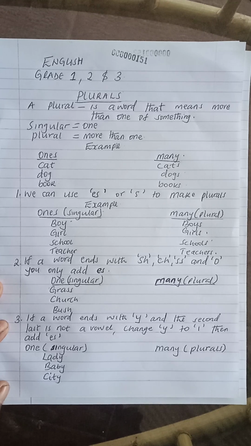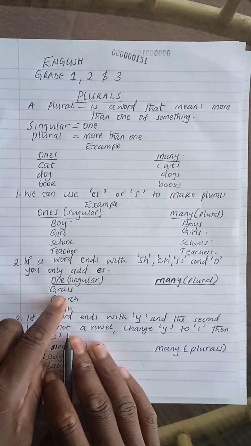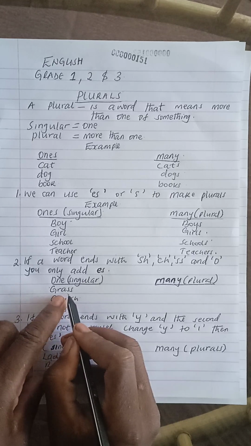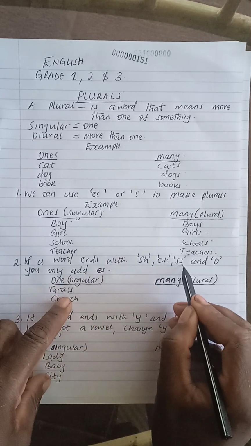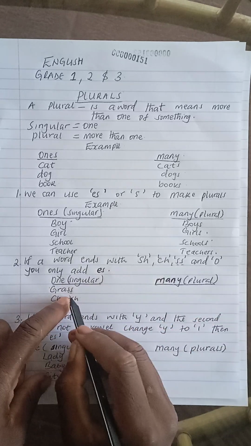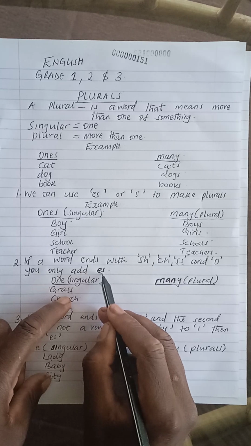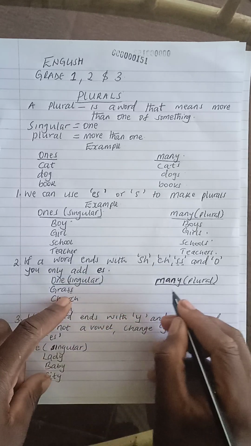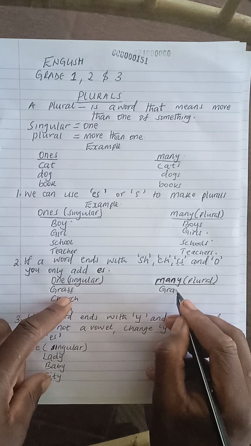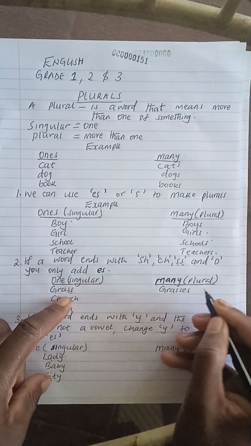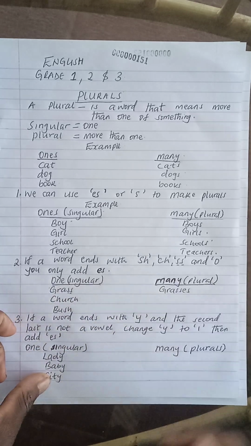For example, you have this word that ends with ss, the way they have said here. So you don't change anything, you only add es, just like that. Then it will be grasses.